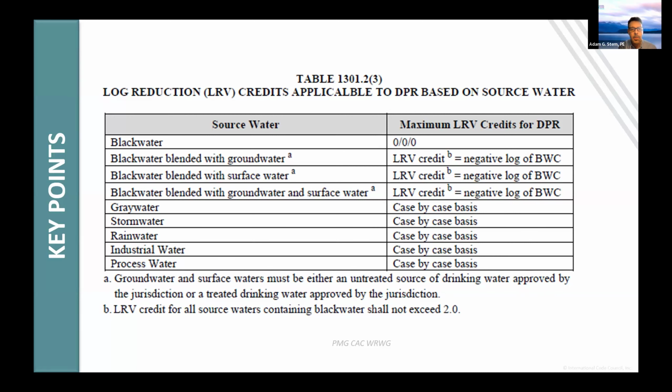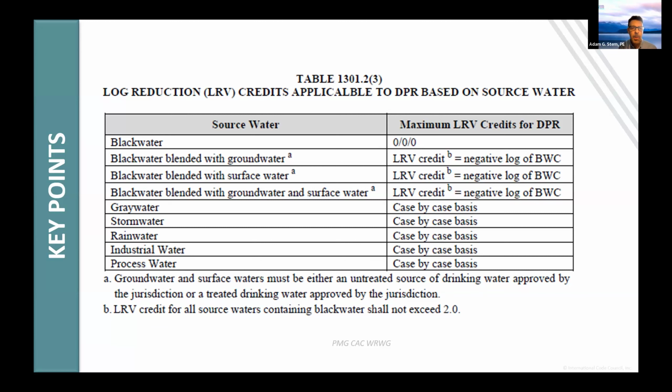Your stormwater is going to depend on the nature of your catchment basin, and your rooftop runoff, for example, that quality depends in part on how much the birds, vultures or geese, enjoy the view from your roof. So these are all very case-by-case.